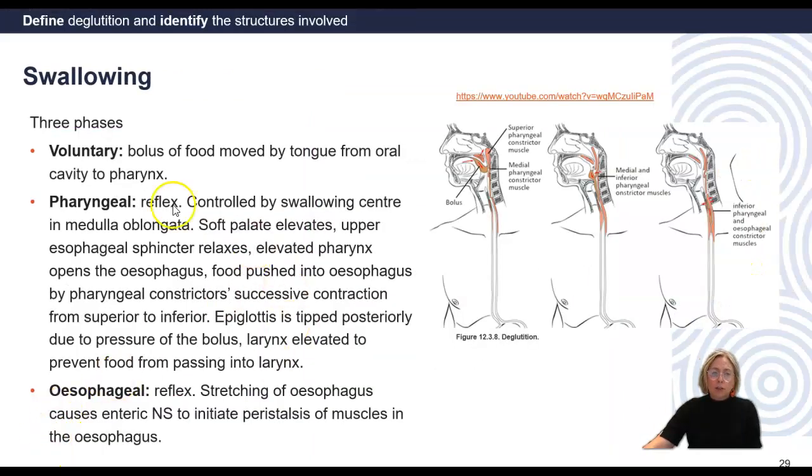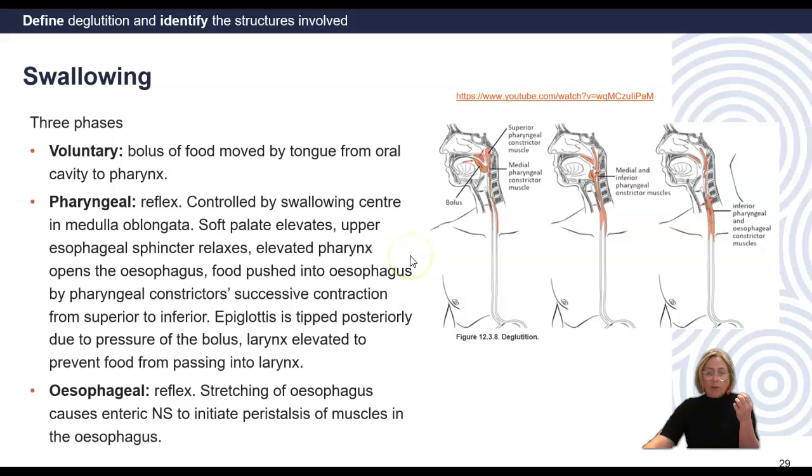Swallowing does occur in 3 phases. It's not important for you to go into the details of this too much, but there's a voluntary phase. The bolus of food is moved by the tongue from the oral cavity to the pharynx. The pharyngeal phase is due to a reflex. It's controlled by the swallowing center in the medulla oblongata.